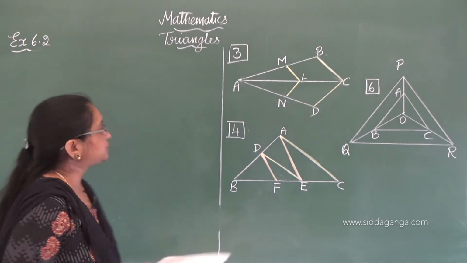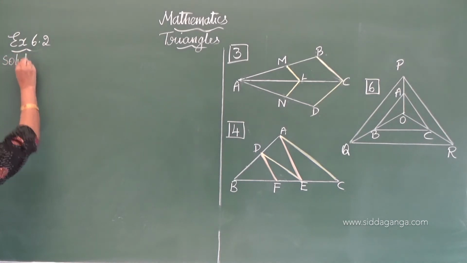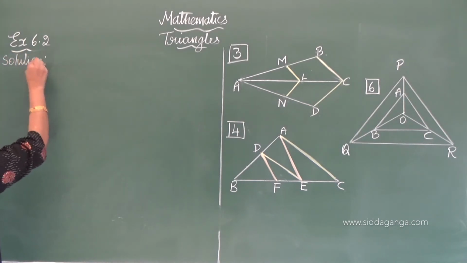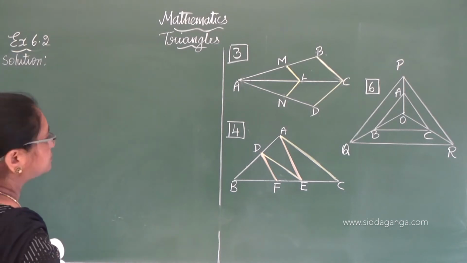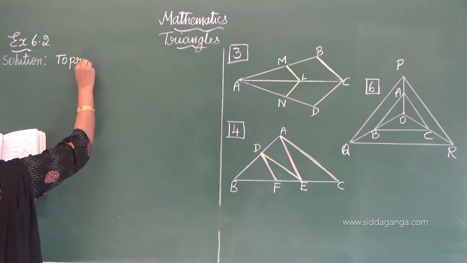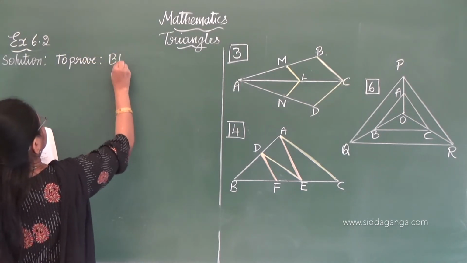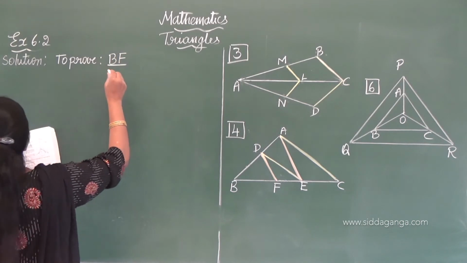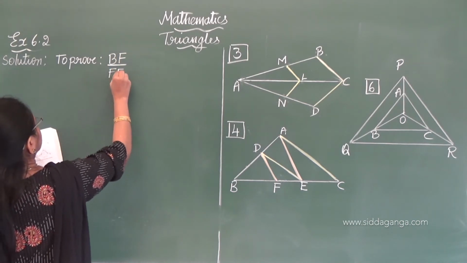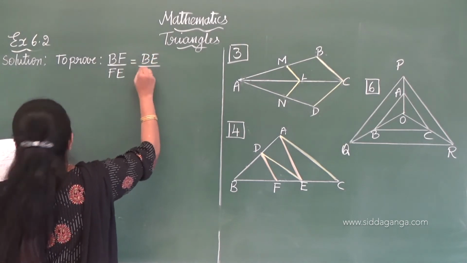So, what we need to prove? So, solution. To prove BF by FE is equal to BE by EC.